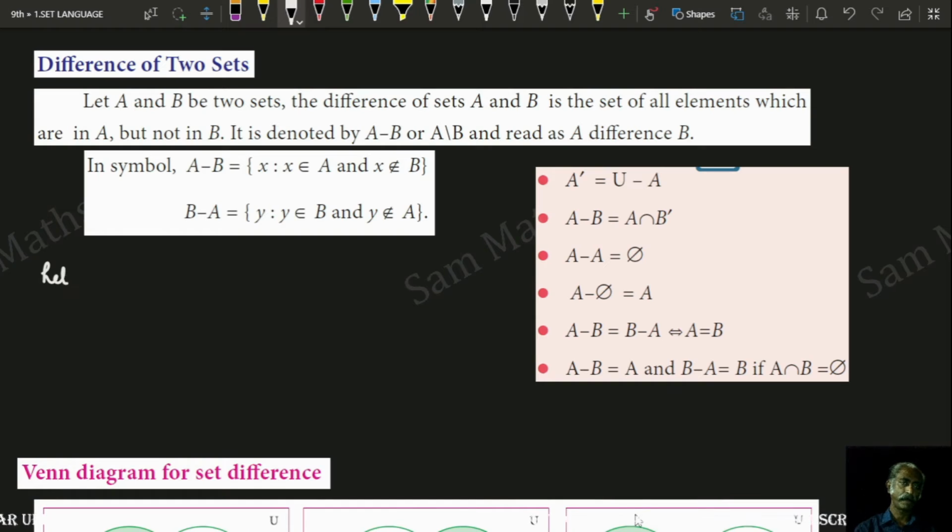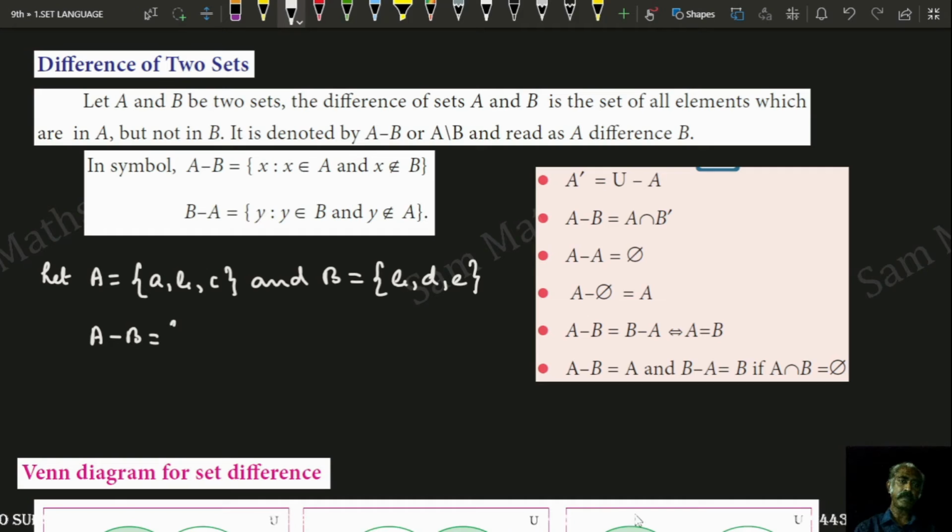Okay, children, let's see an example. Let A is equal to a, b, c and B is equal to b, d, e. Now I am taking A minus B. If you want to find A minus B, that is A difference B, in that case, you have to take off the common element from A. Here, the common element is b.